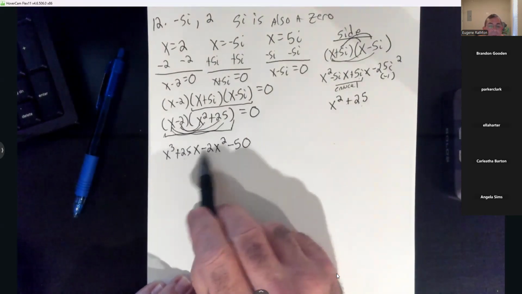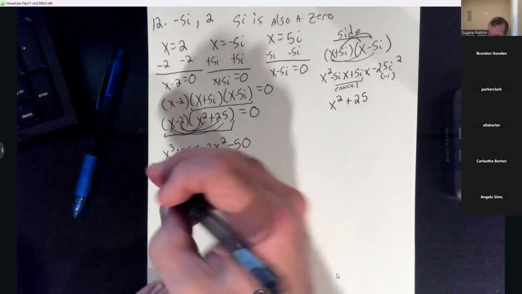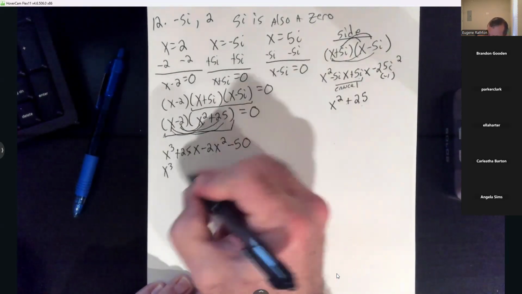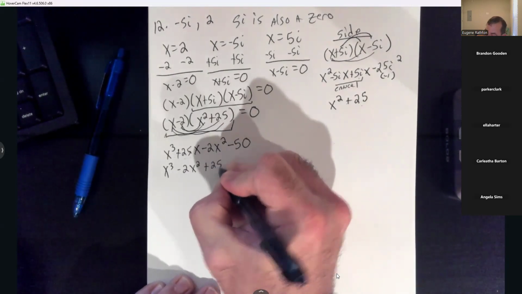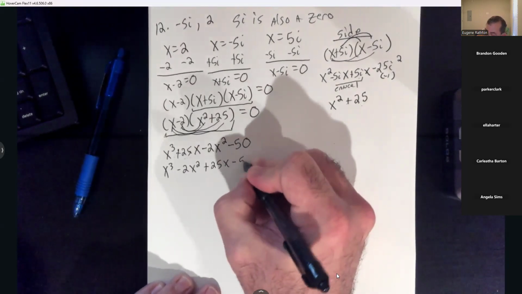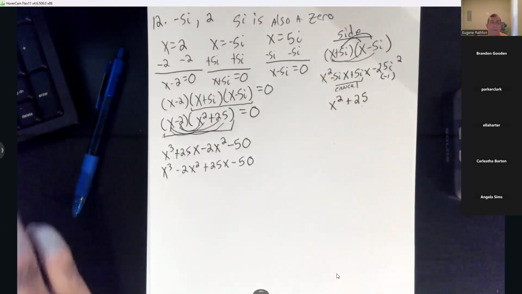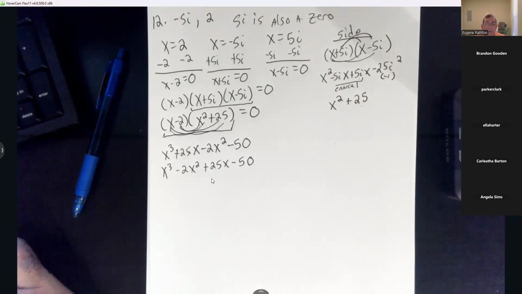Now, the only thing I would do to that is rearrange it and have an x cubed minus 2x squared plus 25x minus my 50. So that's what we're going to put into that box they got for us, okay?